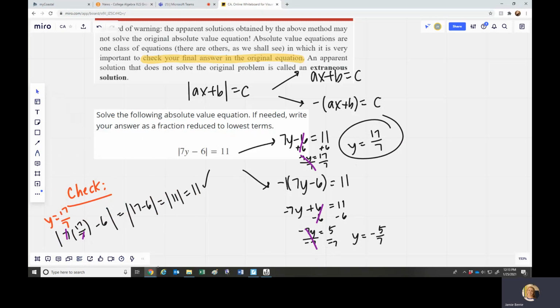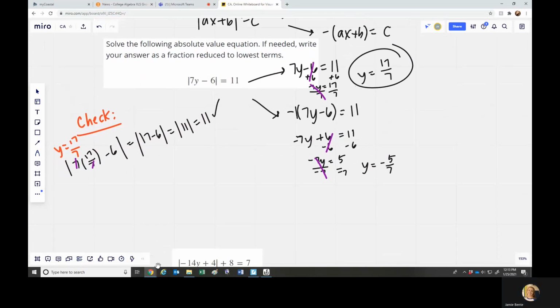Now let's check our second answer choice. All right, now we're going to try y equals negative 5 over 7. So we have absolute value of 7 times negative 5 over 7 minus 6.